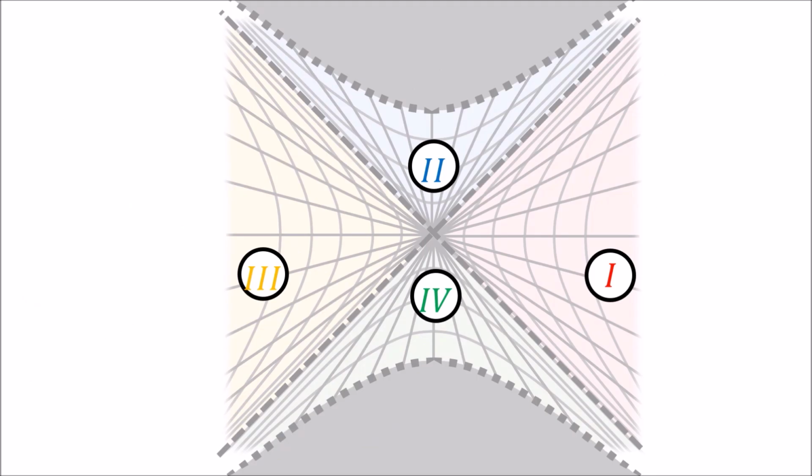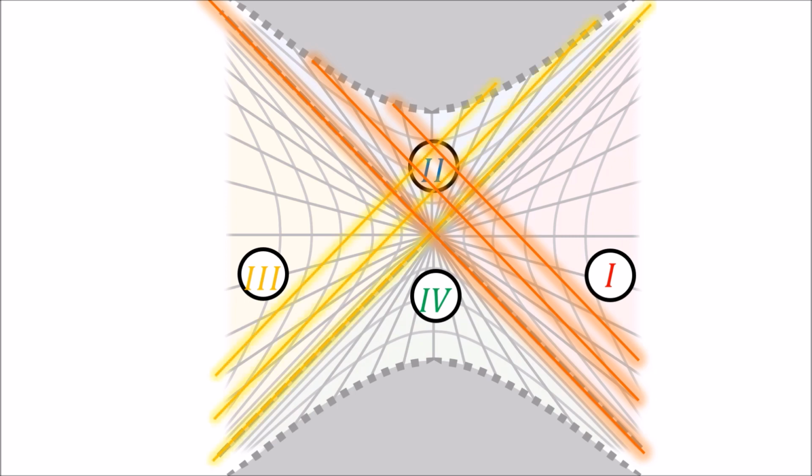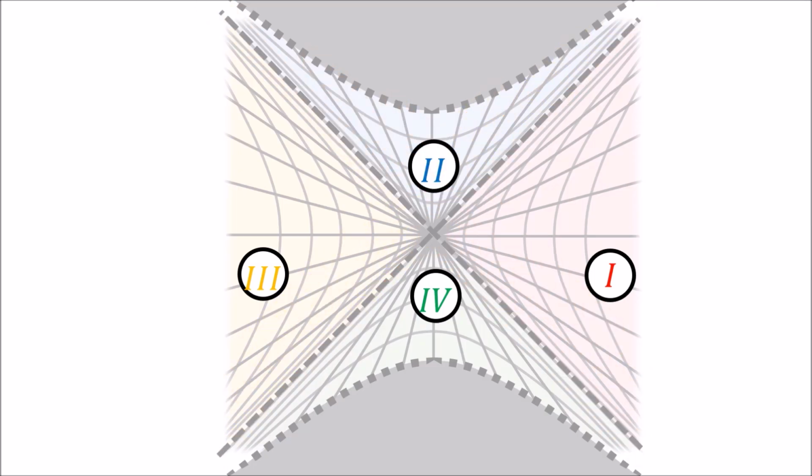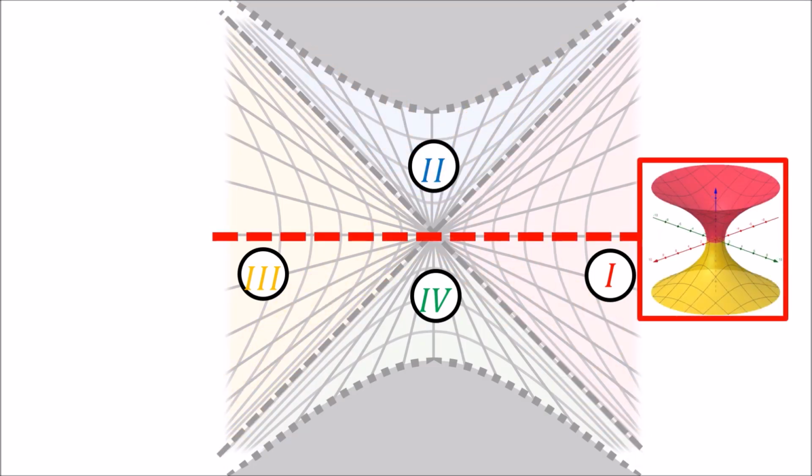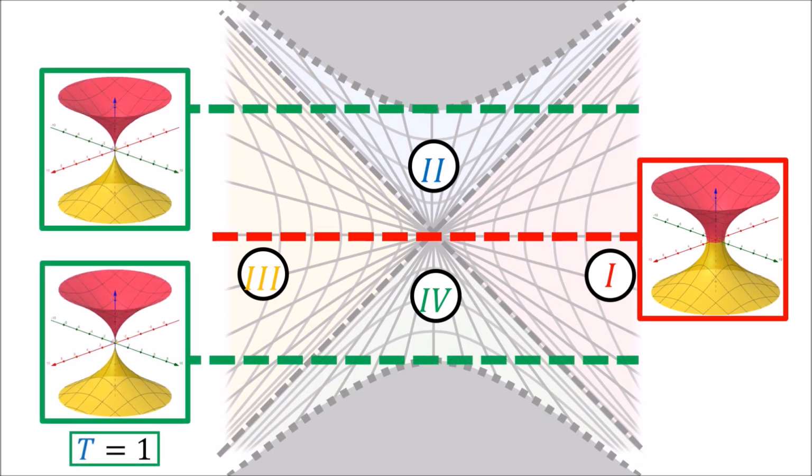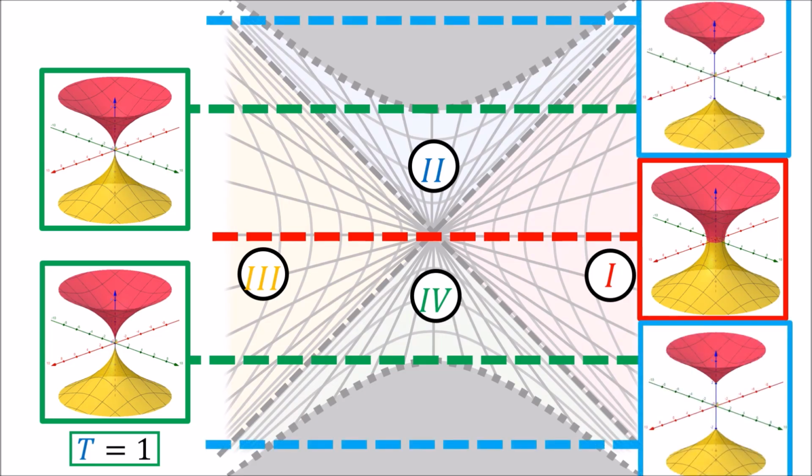However, as seen on our spacetime diagram, light can never travel fast enough to get from region 1 to region 3, or vice versa. So even if the two regions are connected geometrically by a wormhole, no mass or light can actually travel between the regions. As we move forward or backward in time away from the origin, the wormhole pinches off and the two spacetimes in regions 1 and 3 become separate again.